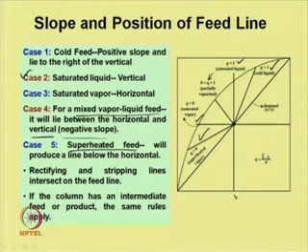So, it will lie below the horizontal line. The stripping line and the rectifying section lines intersect the feed line or the q line. If the column has an intermediate feed or product, the same rules apply depending on the conditions.